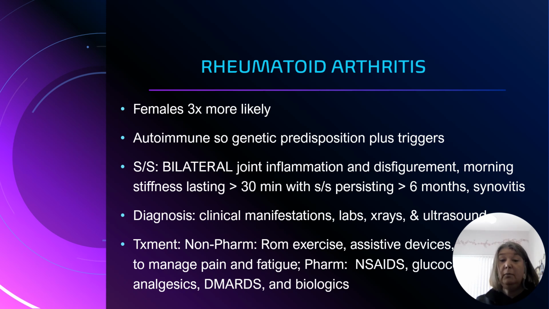Treatment, non-pharm. Education is very important in the management of RA. Patients must understand their disease and the measures they can take to help manage it. Range of motion exercises promote joint mobility, reduce stiffness, and improve muscle strength. Aerobic exercise promotes cardiac health.